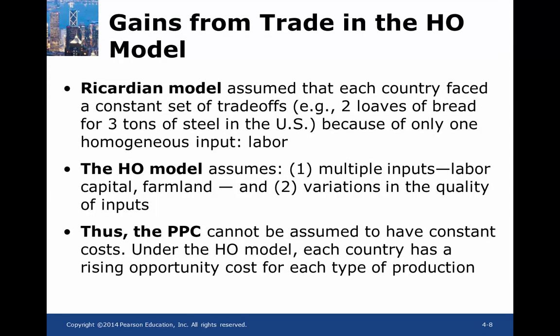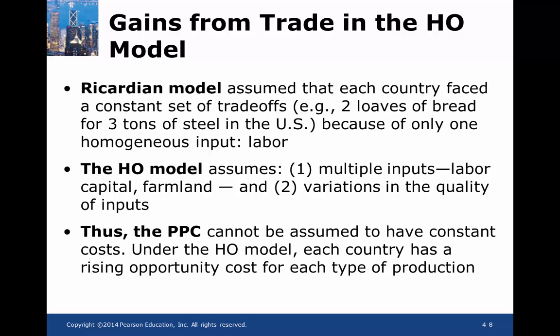Gains from trade in the HO model. The Ricardian model assumed that each country faced a constant set of trade-offs, as for example, 2 loaves of bread for 3 tons of steel in the US, because there was only one homogeneous input, and that is labor.